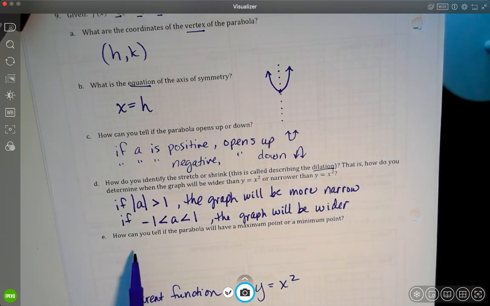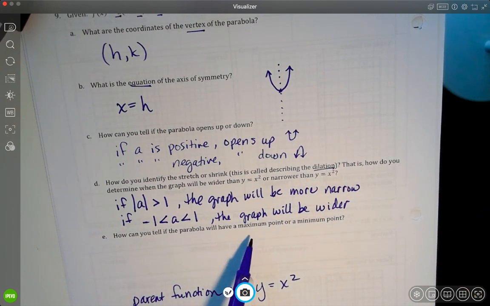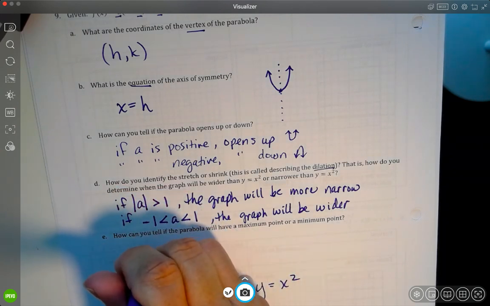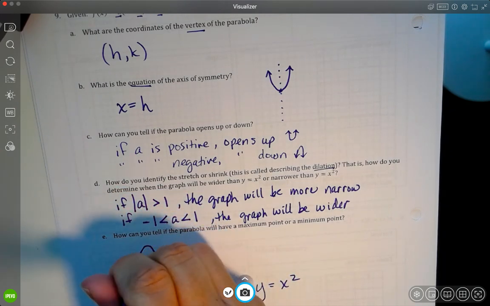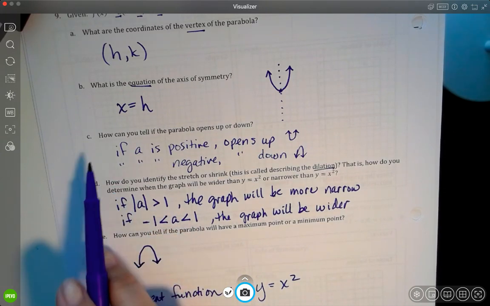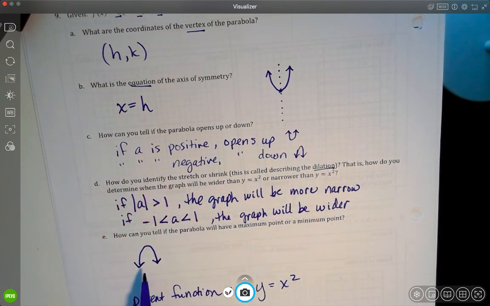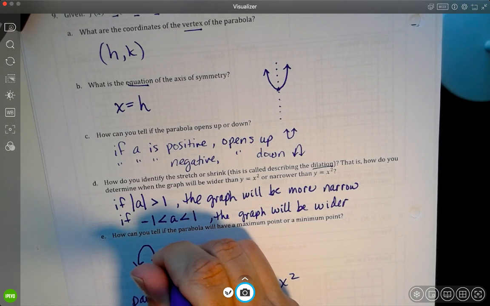How can you tell if the parabola will have a maximum point or a minimum point? So what it's actually asking for is, basically it's asking sort of the same question as C. So if it opens down, then it has a maximum point.